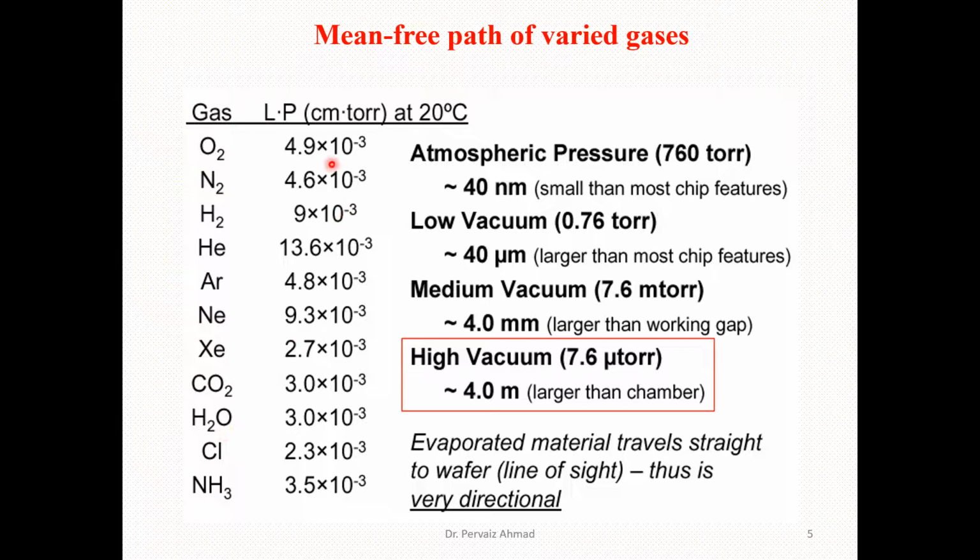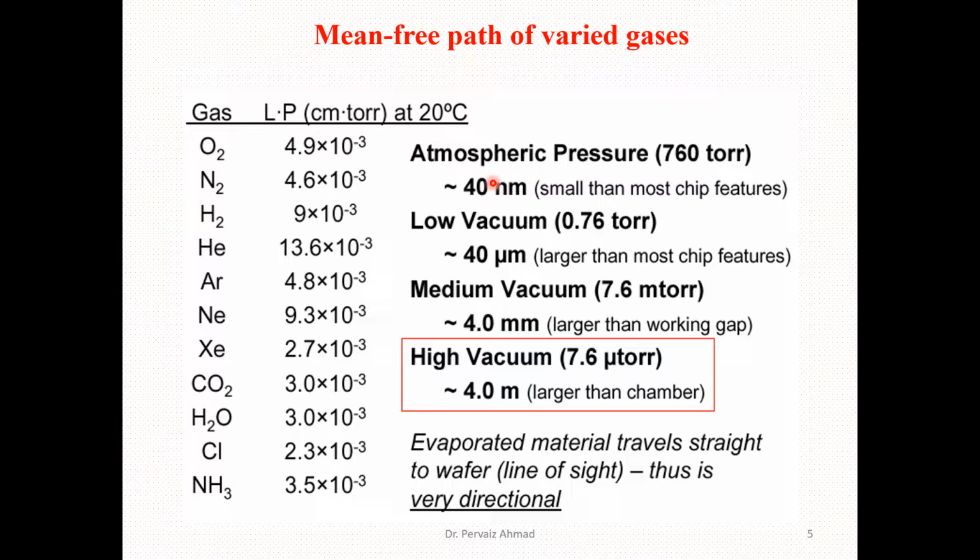Here you can see the mean free path at low pressure at 20 degrees centigrade. And here we have drawn relations where the pressures have been converted into a length scale.